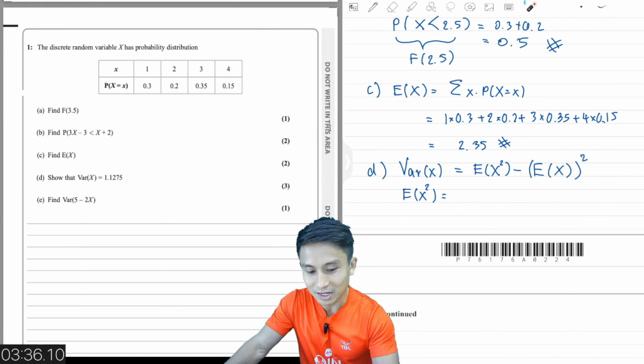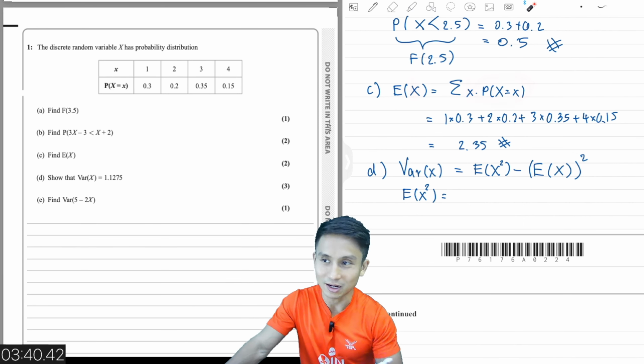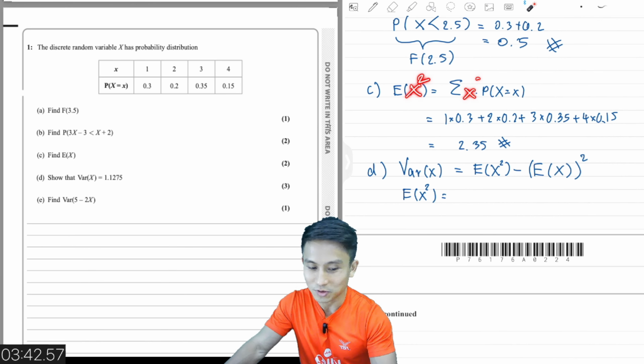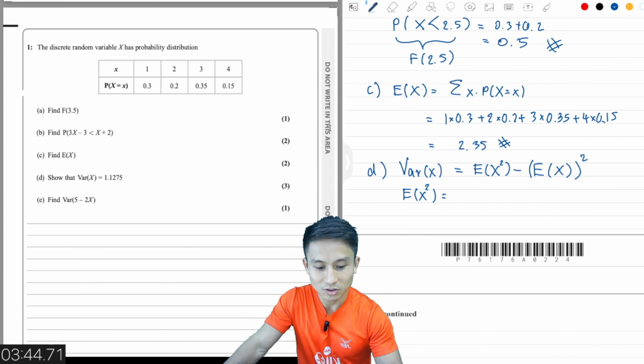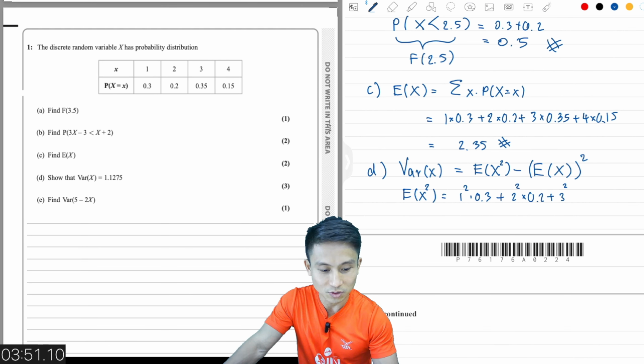So if this is like some letter h, this would be an h, and we multiply that because this is x squared, so we do x squared here. So basically just 1 squared times 0.3 plus 2 squared times 0.2 plus 3 squared times 0.35 plus 4 squared times 0.15.